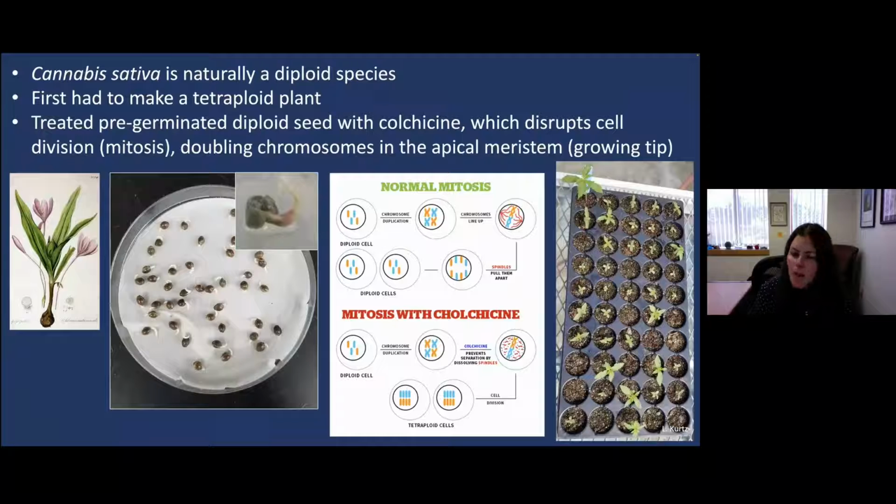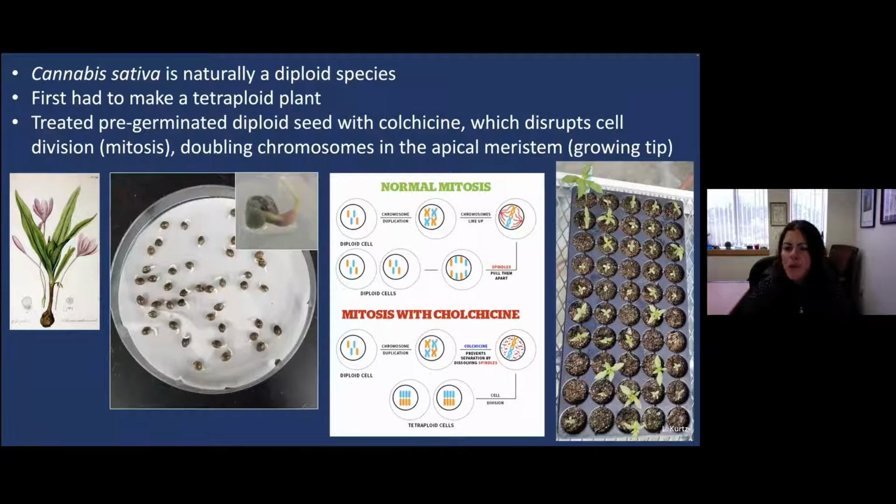So there are other published methods for making tetraploid cannabis, but we use this method where we take what we call a pre-germinated seed, where just the radicle is sticking out, and we submerge these seeds in a colchicine solution. The colchicine is a mitotic inhibitor. In order for this radicle to have grown, and for the shoot apical meristem to grow, it requires cells to divide, copy, divide, copy, divide, copy, many, many times.